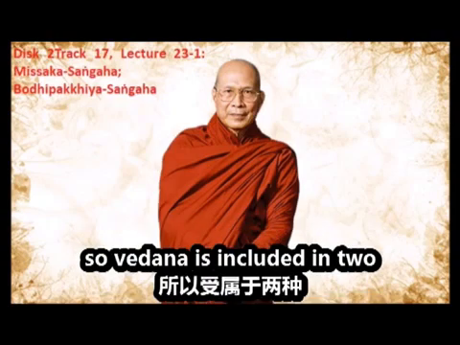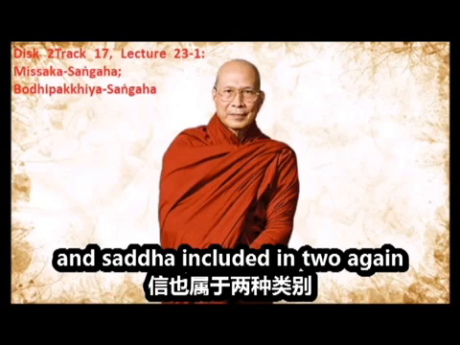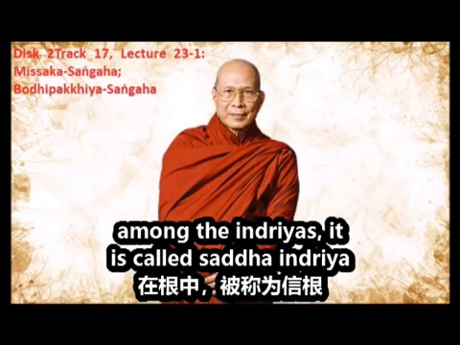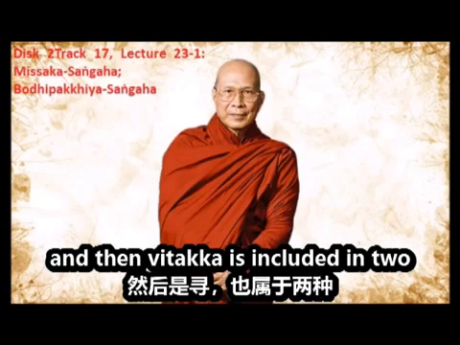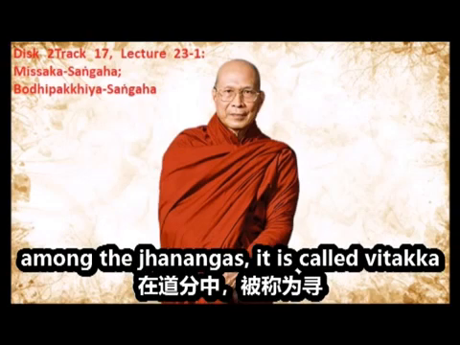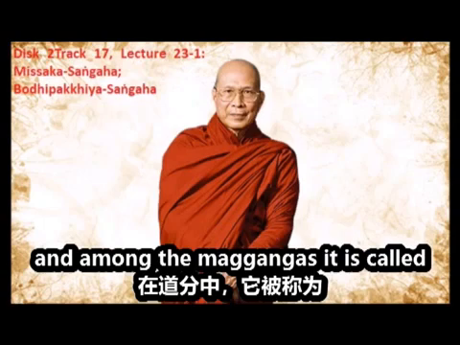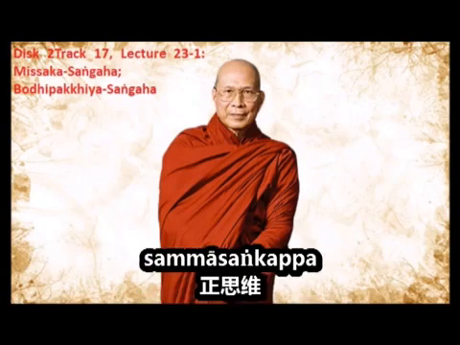So Vedana is included in 2. And Saddha is included in 2 again. Among the Indriyas, it is called Saddhindriya, and among the Bala, it is called Saddha Bala. And then Vitakka is included in 2. Among the Jhanangas, it is called Vitakka, and among the Maggangas, it is called Samma Sankappa.